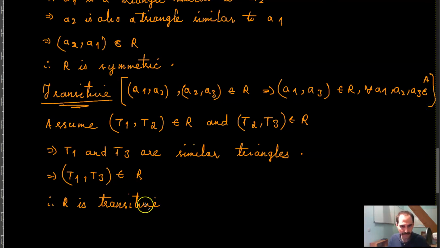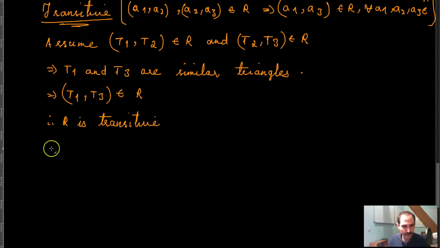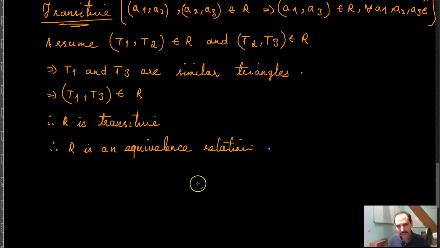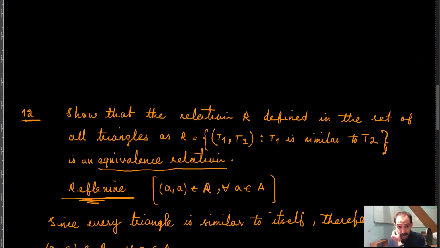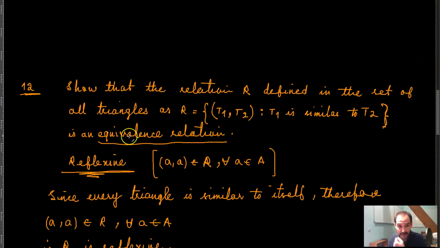Based on this definition and this argument, you can say that R is transitive, right? So now we have established that R is reflexive, symmetric and transitive, which means that R is an equivalence relation, right?